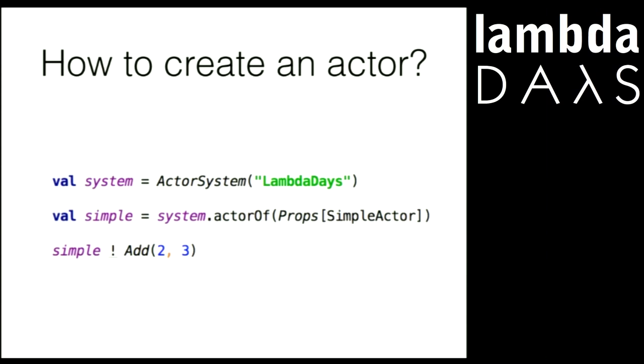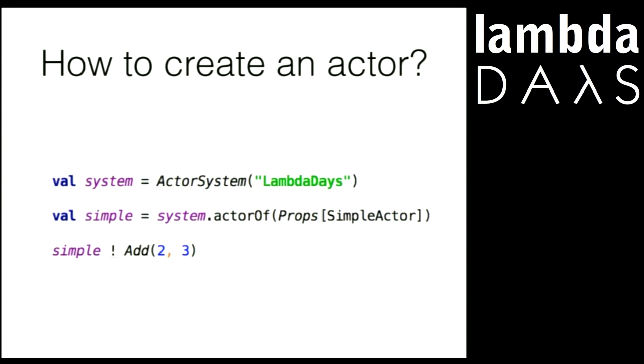So once we've got the actor reference, we can send a message to it. In this example, the simple actor will have nobody to respond to, because we are running this in the main thread, not within the actor context. So if the simple actor responds to our add message, that message will get lost. It will be sent to the dead letter queue.